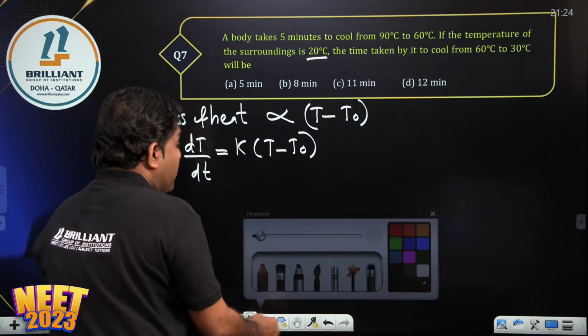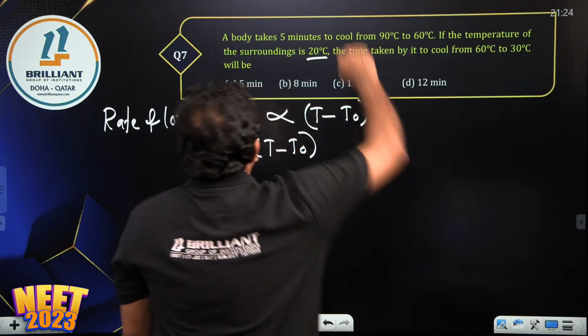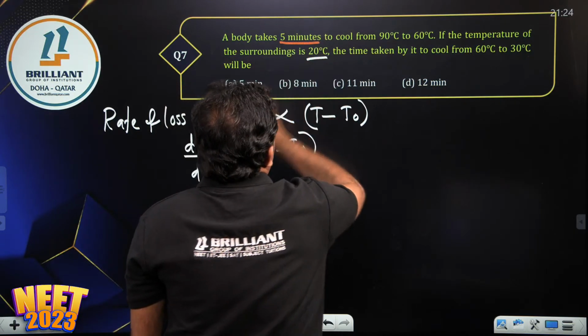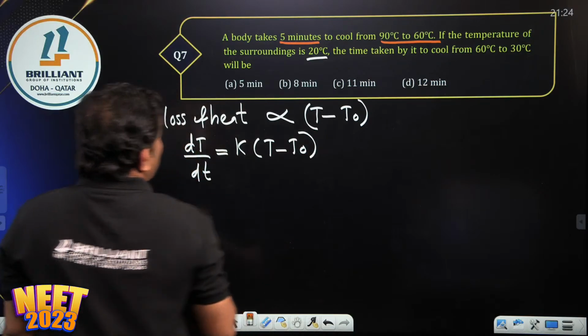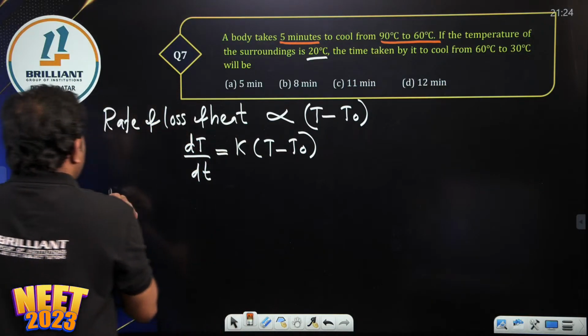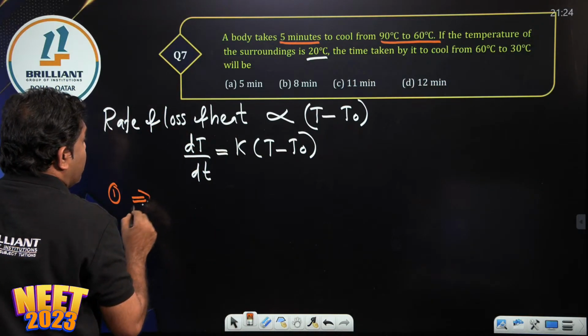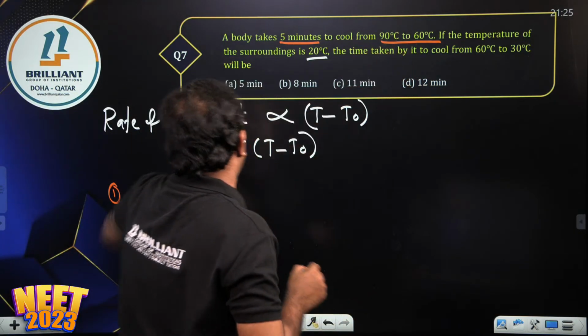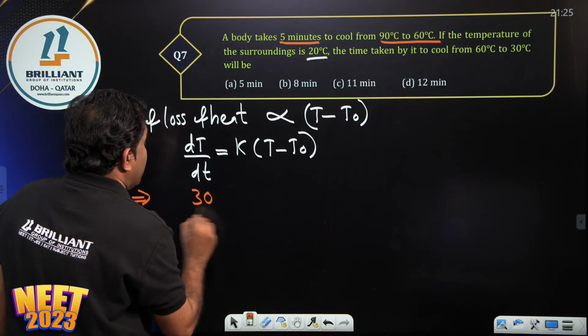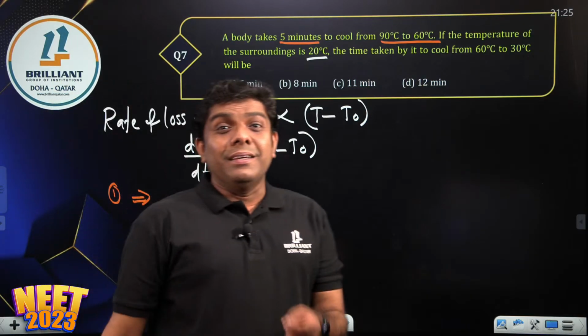Now see, the first question we are considering here. A body takes 5 minutes to cool from 90 to 60 degree. So from the first data we can write the equation. Here dT, 90 to 60, so change in temperature is 30. So 30 divided by time taken, 5.